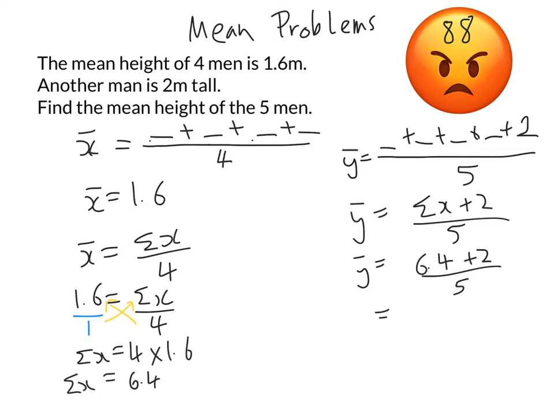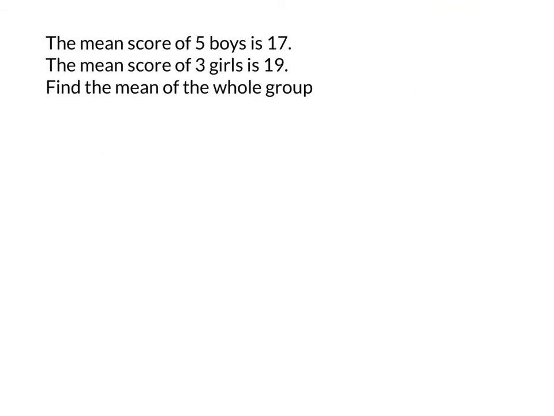And that gives you 1.68 metres. Okay? And that makes sense. The mean height was 1.6. Someone 2 metres tall comes in. That's going to increase the mean. So it increases it to 1.68.